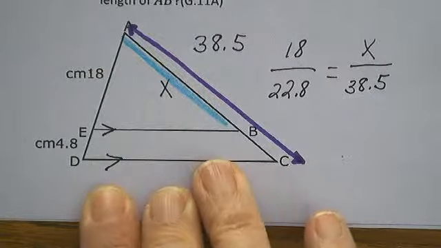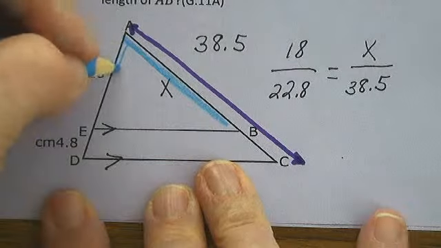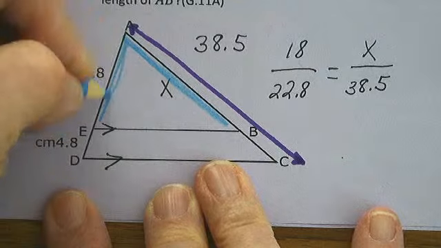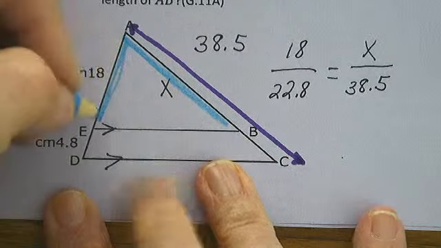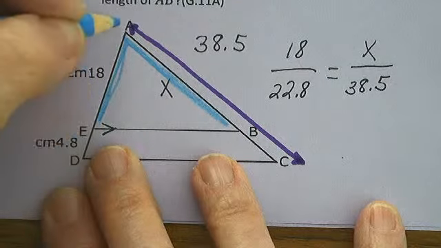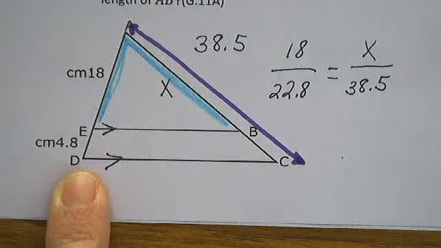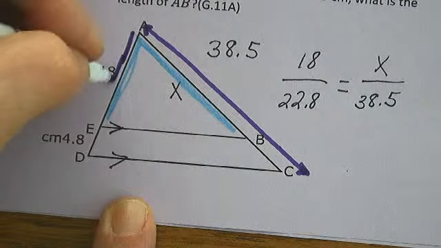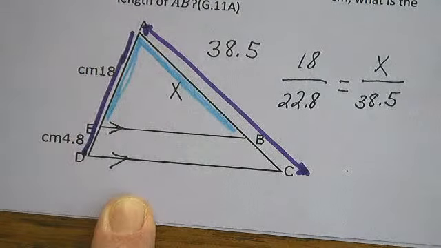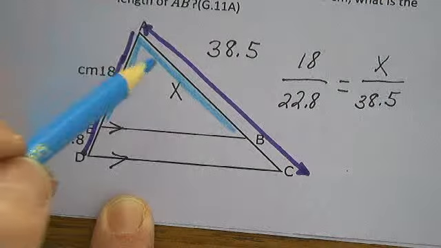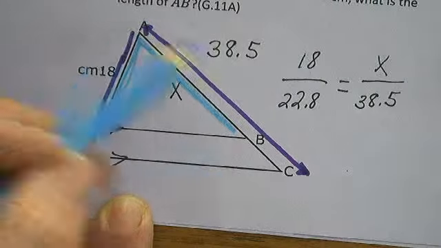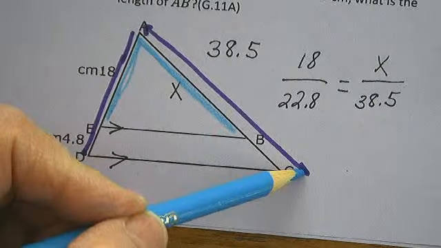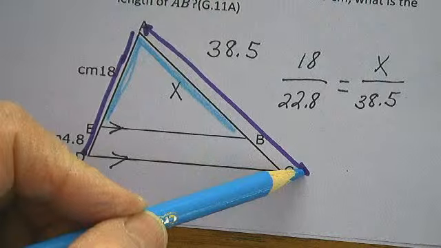The proportion I'm going to use is this side of the baby triangle to this side of the big triangle is the same as the unknown side of the baby triangle to this side of the big triangle.